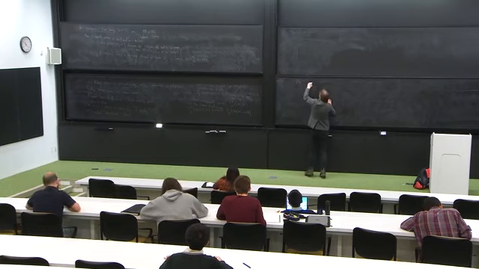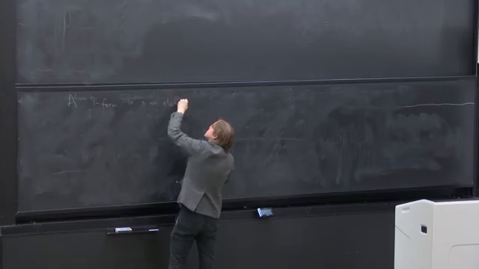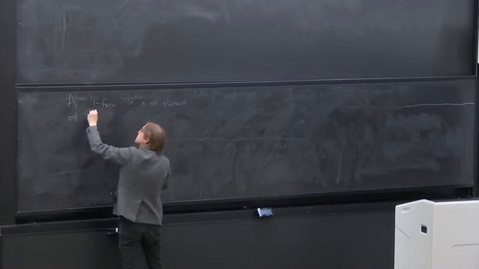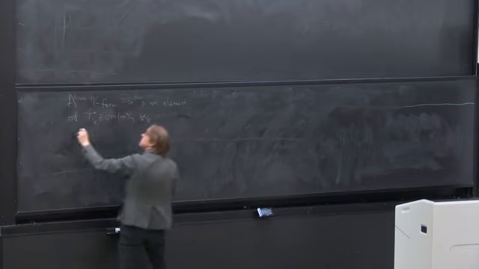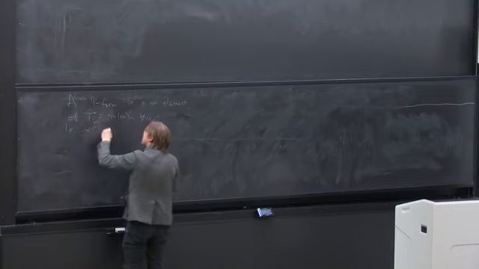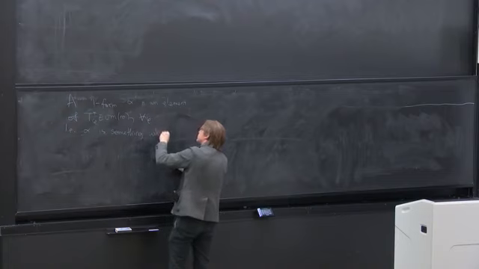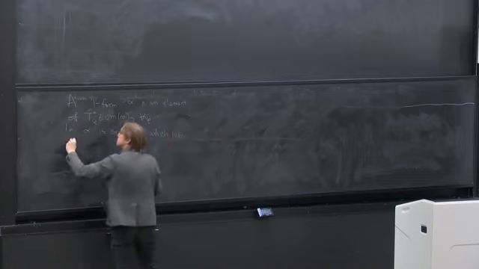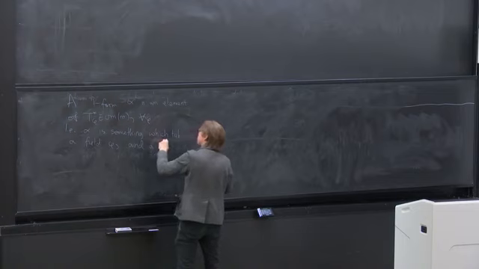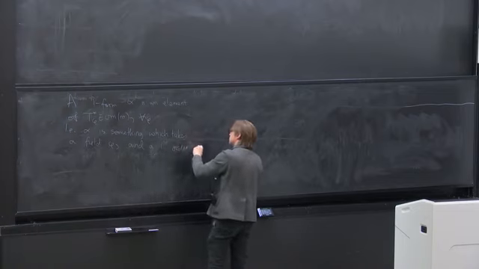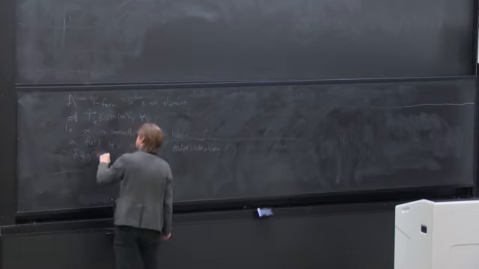So alpha is something which takes a field phi and a first order variation delta phi and gives us a number.